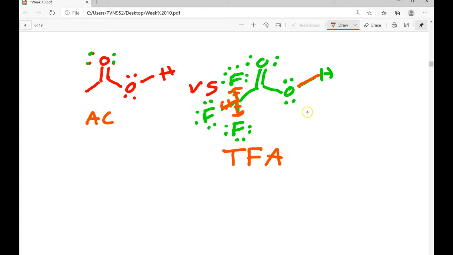So you could think there's sort of a net pull in the molecule to the fluorines. That weakens this OH bond, and that makes this proton more available to interact with other things. So since that bond is weakened, this proton is more acidic. So trifluoroacetic acid is more acidic than acetic acid. This is another example of an inductive effect.